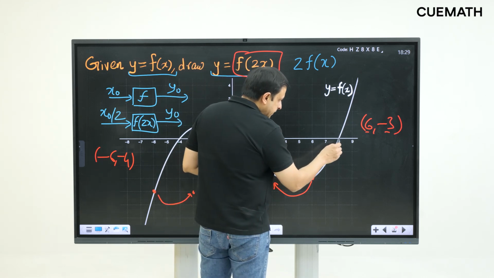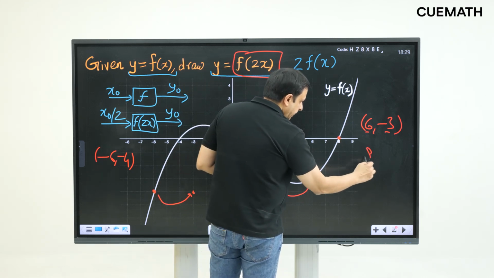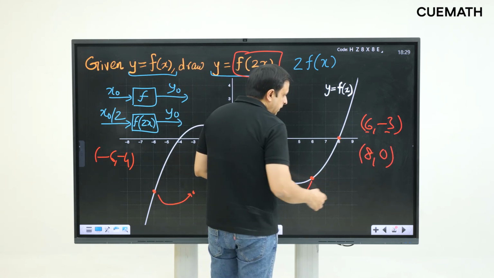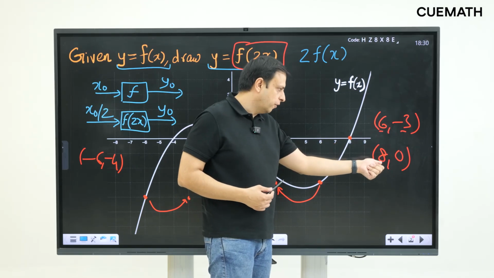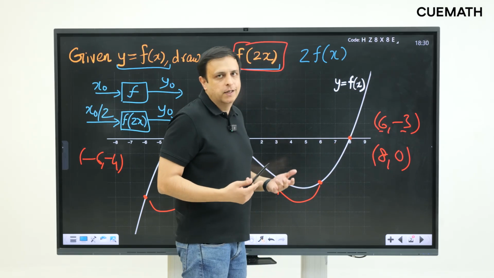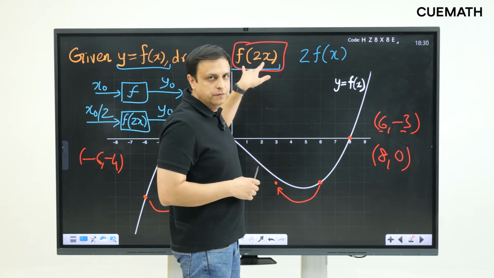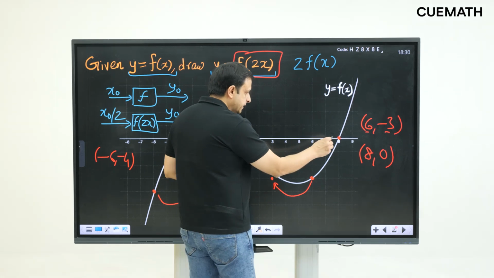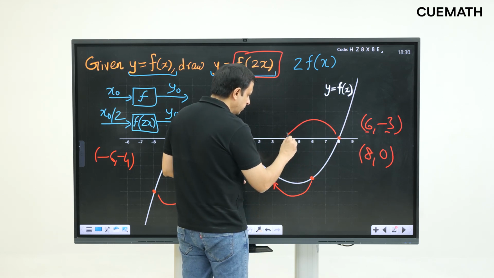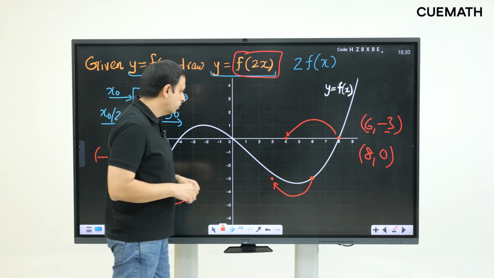And then if you look at this point over here, 8 comma 0, that's our original input output pair. Now what input will produce the same output 0? You take half of this input, or 4. So feed 4 into this new function f of 2x, that will give you the same output 0. So this point 8 comma 0 will transform to this new point 4 comma 0.